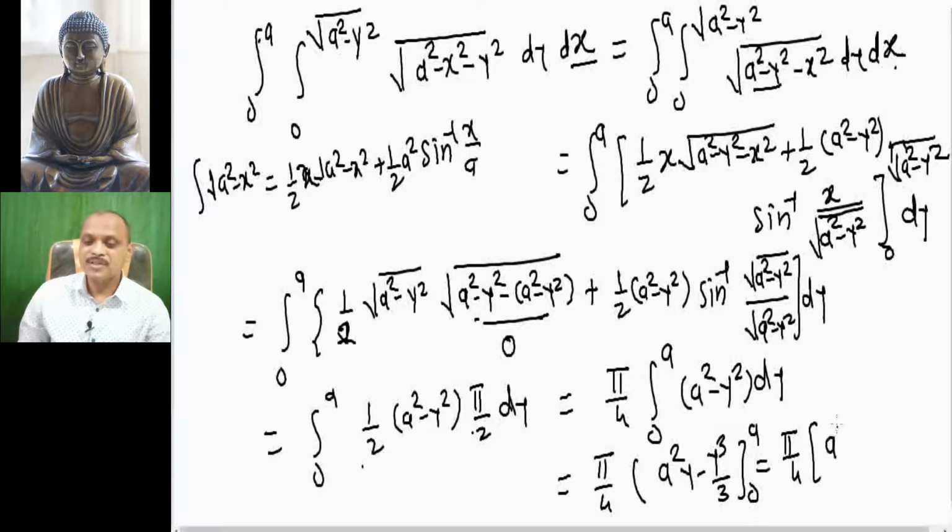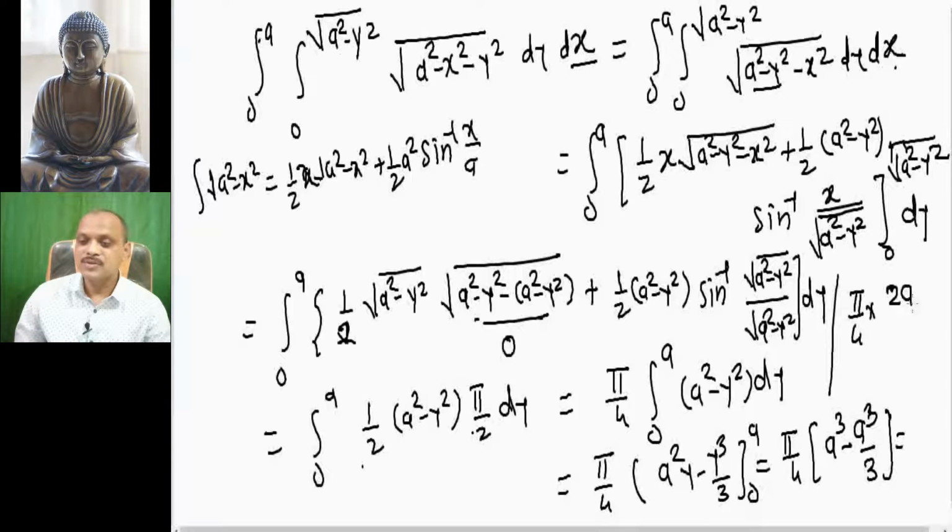Substituting the upper limit, a cube minus a cube divided by 3, and at the lower limit it is 0. So this is equal to pi divided by 4 into 3a cube minus a cube, that is 2a cube divided by 3. So 2 fours are 4, equal to pi a cube divided by 6. So this is the answer of this problem.